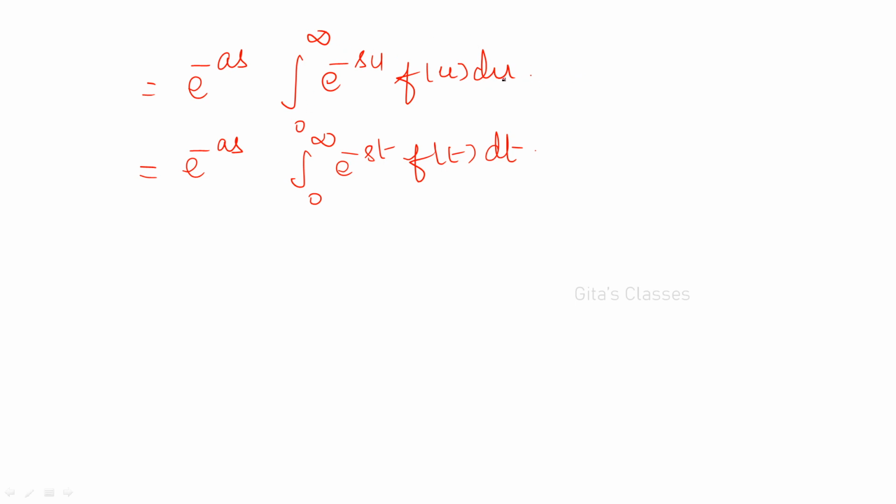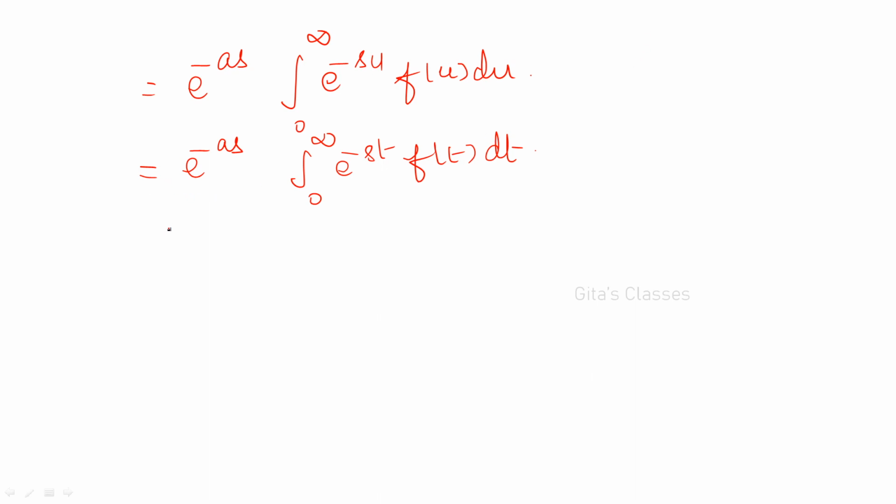Whether I write u or t or any other variable x or y, it doesn't matter, because after substituting the limits, that variable will not be there after integration. So it is called a dummy variable. So instead of u, I am writing t.